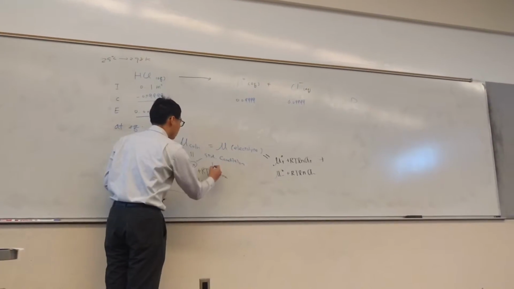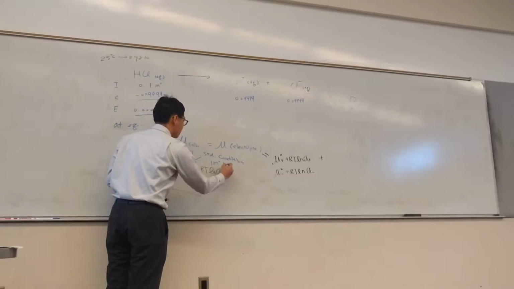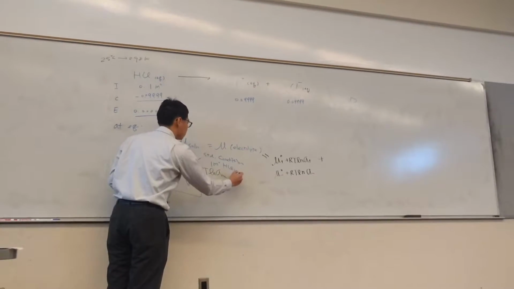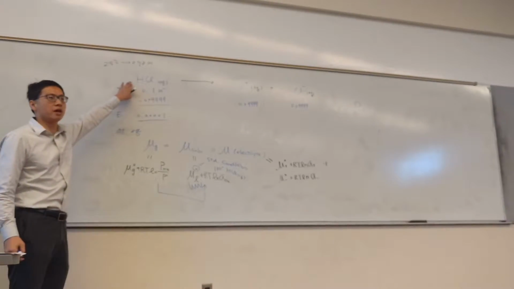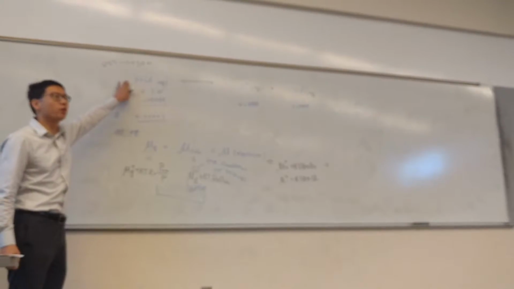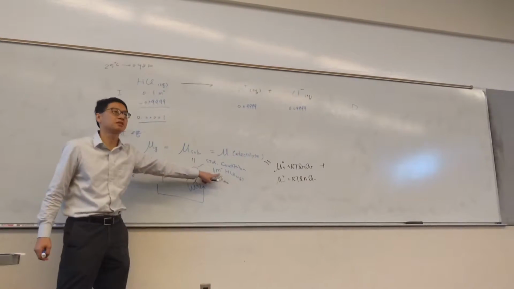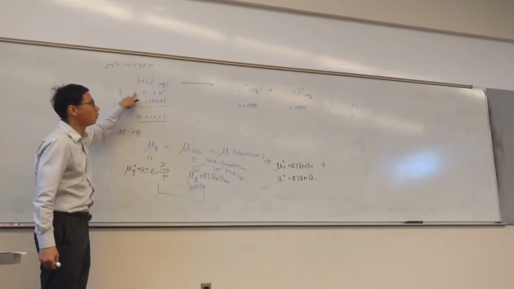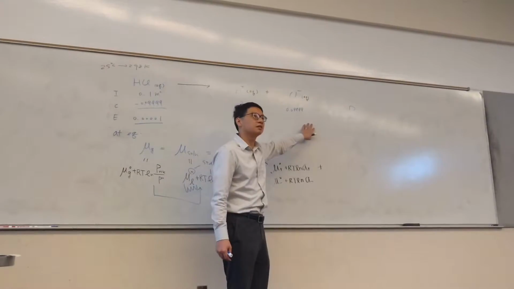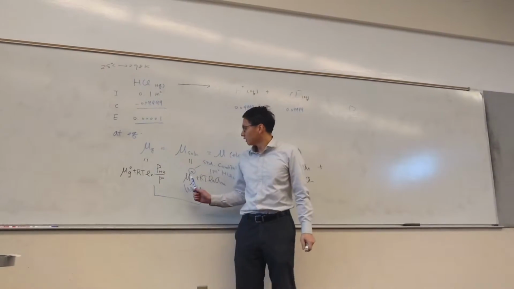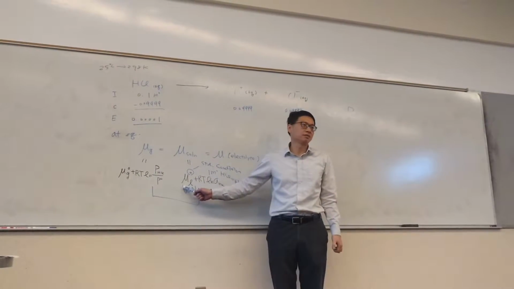That means you need to have a 1 M HCl aqueous solution. But because it is a strong electrolyte, there's no way you can prepare this, because once it's inside the water, you will immediately become this and that. Therefore, you can never get this.